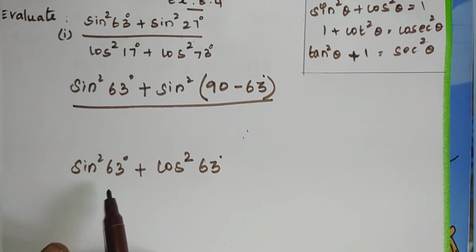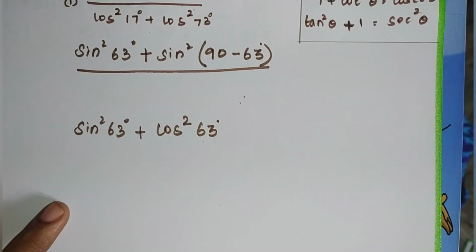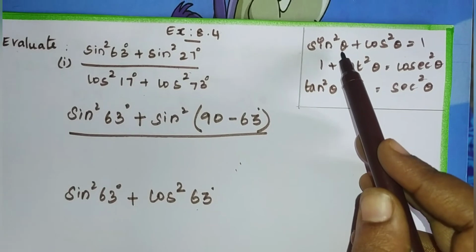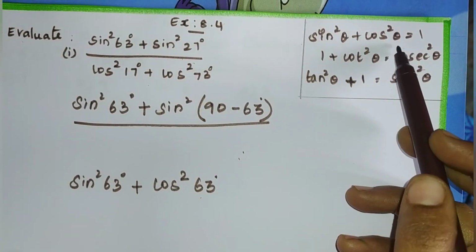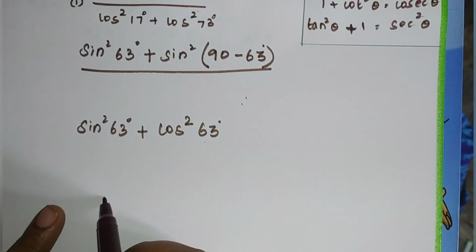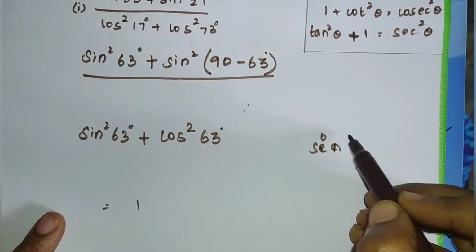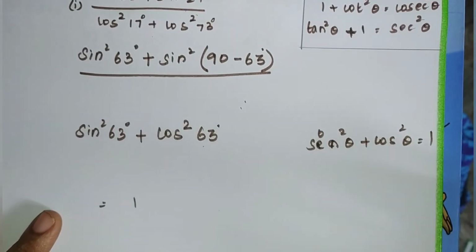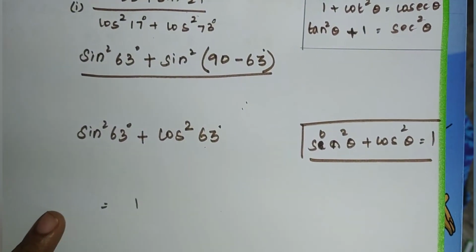So sine square 63 degree plus cos square 63 degree. We can apply the formula that sine square theta plus cos square theta is equal to 1, and we can write 1.